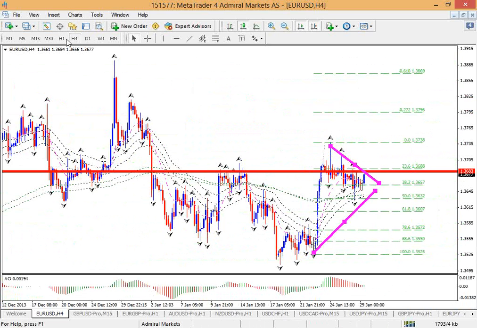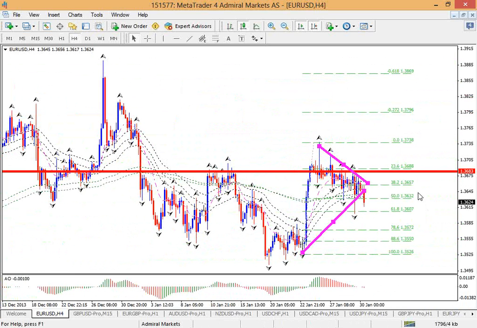The long term, I don't want to dive into that too much. We discussed it earlier this week, more intense and detailed. But basically, if we can put a bull flag here as well, like this, and we break that bull flag, the idea is that we can move up to the -272 and the -618, but that hasn't happened yet.